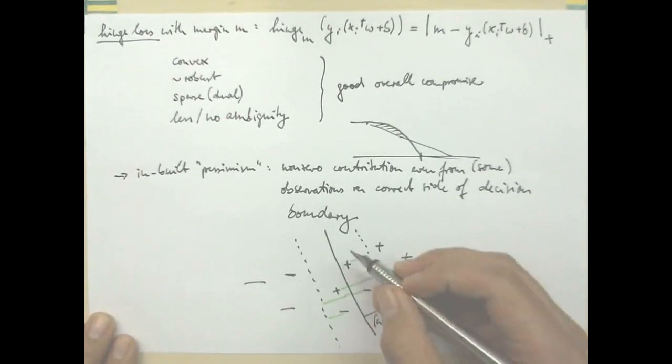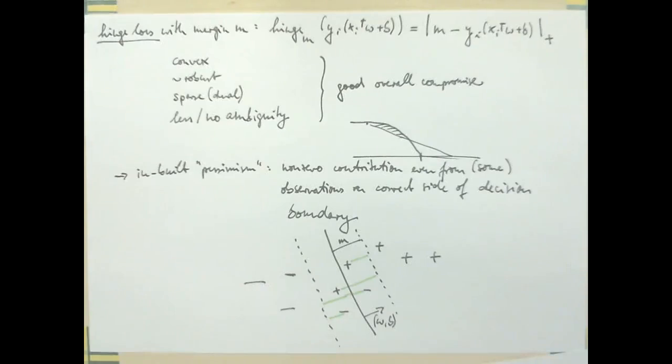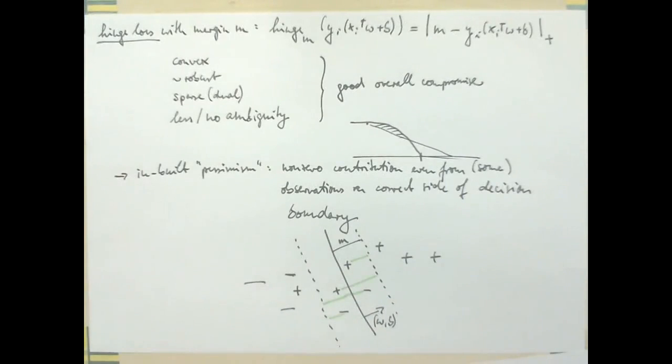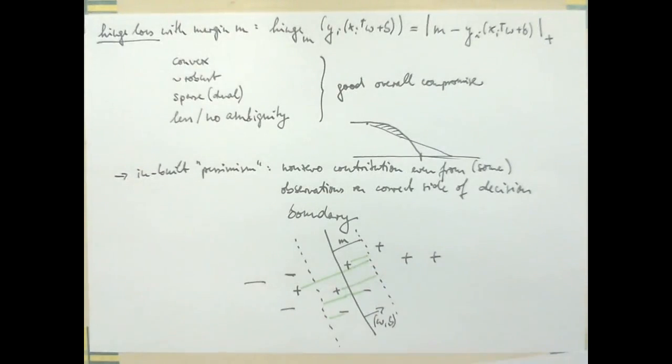So this would be the margin M. And I put a penalty that grows linearly on all samples that invade the margin. And just to be extra clear, samples can of course also be totally on the wrong side, and then they get an even larger error by having an even larger distance from the margin where they should really be.